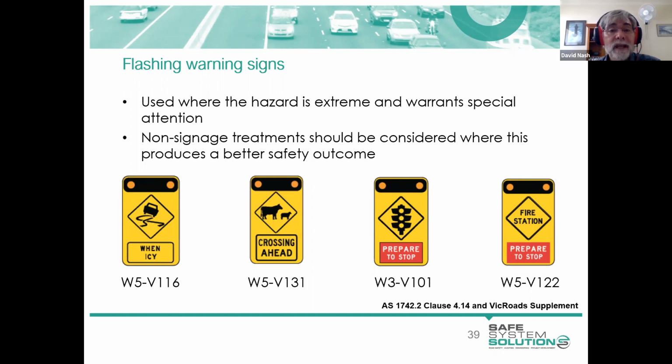So these are non-standard treatments, and they should be considered where this produces a better safety outcome, but only at the highest risk locations in the whole state. You have to reserve these signs for the highest risk locations. Otherwise they become meaningless.